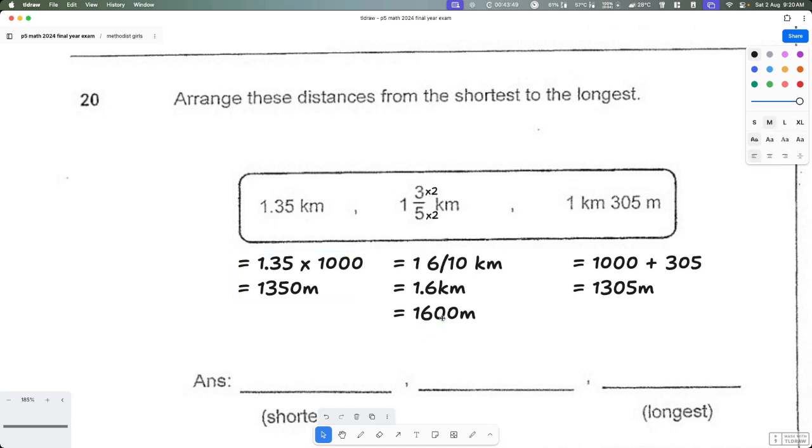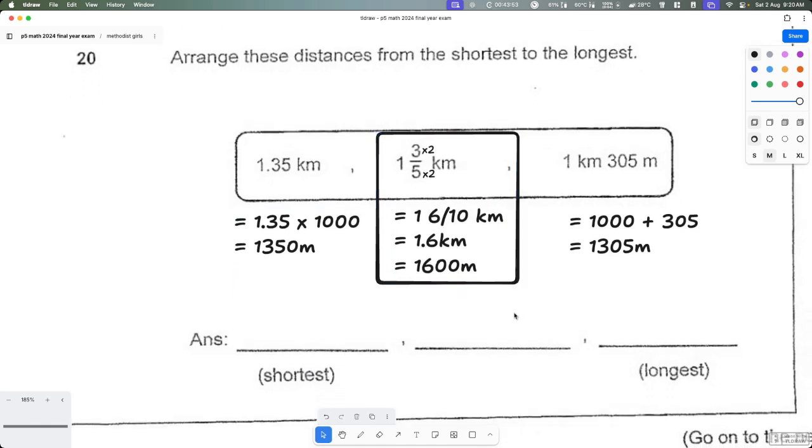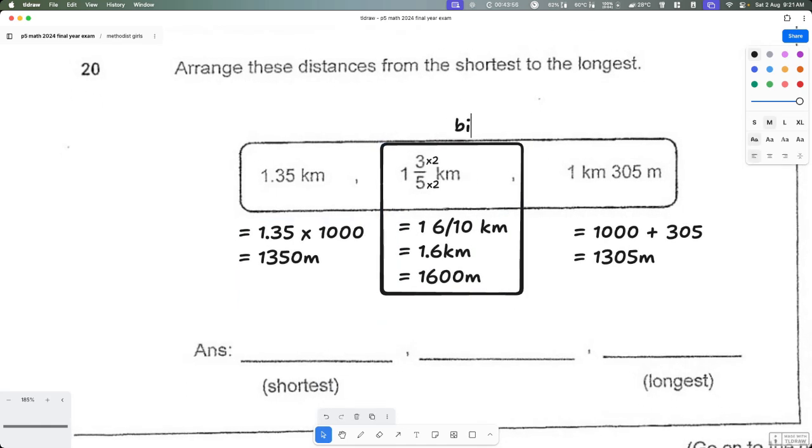From here, I think we can understand which one is the biggest. The biggest is this one, or longest, sorry, longest. And then the smallest is this one, shortest.